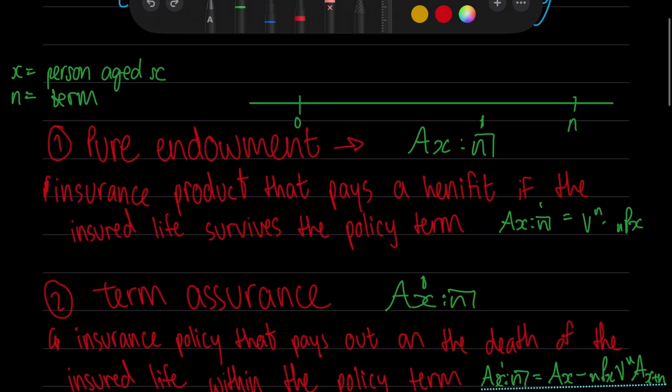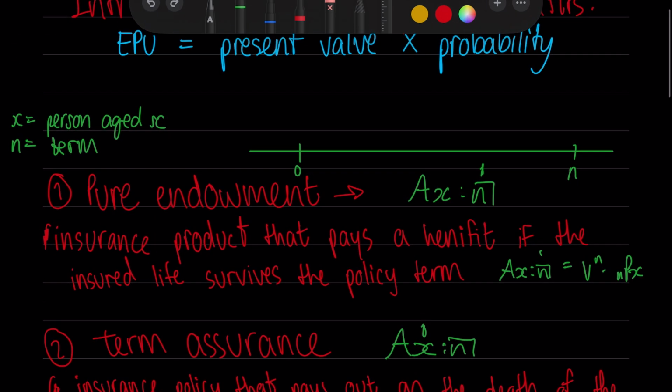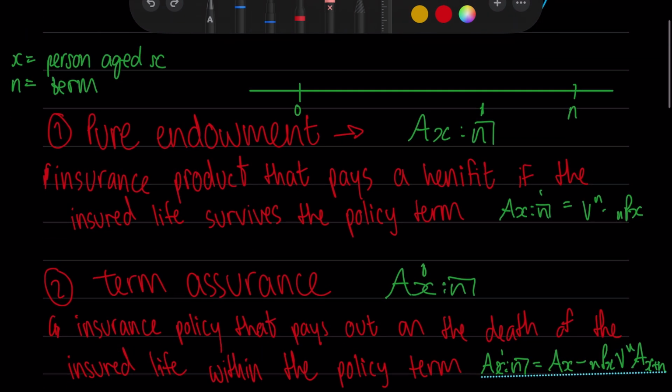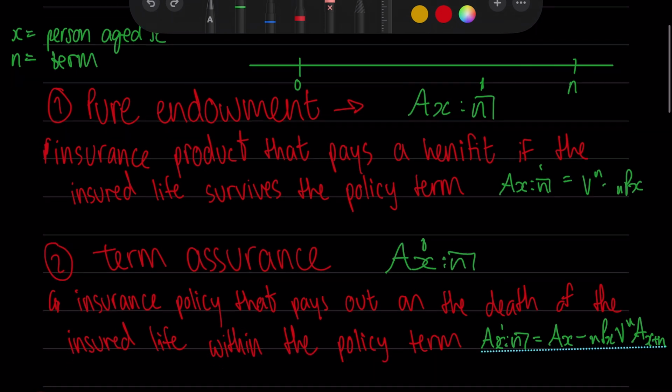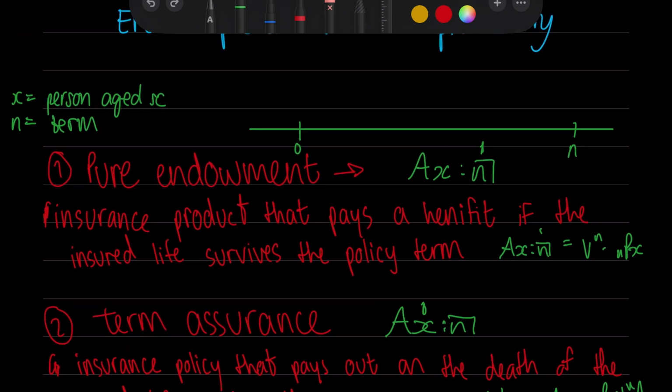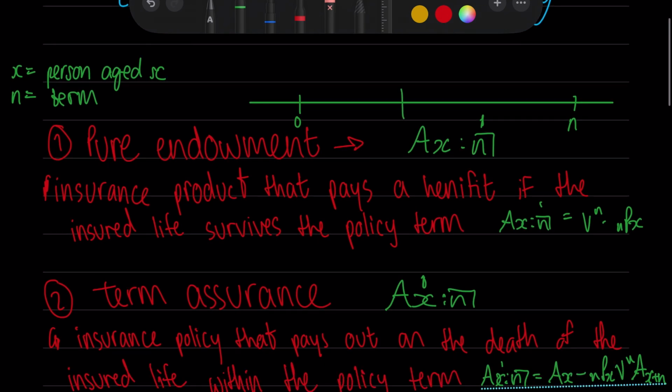But let me draw out the timeline. I'm going to use the same timeline at the top, but I'll use a blue color now. This is slightly more complicated because we're being paid out if we die within a term. So let's say this term is 3 years: 1 year, 2 years, and then 3 years at the end.